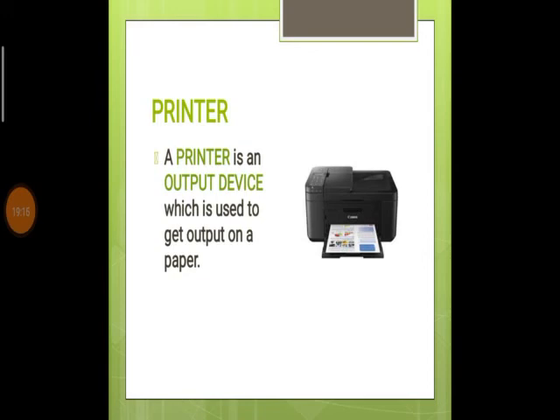A printer is an output device specially used to get output on paper. Suppose a drawing is stored in your computer in the form of a soft copy, and you want it on paper, converted into a hard copy.